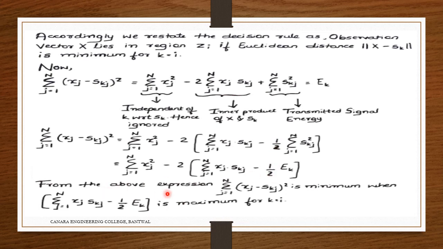From the above expression, the summation of j equals 1 to capital N of (xj minus skj) the whole square is minimum when the summation of j equals 1 to capital N of xj into skj minus half into Ek is maximum for k equals i.